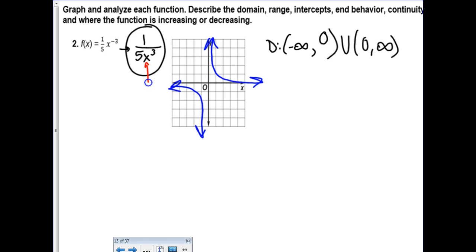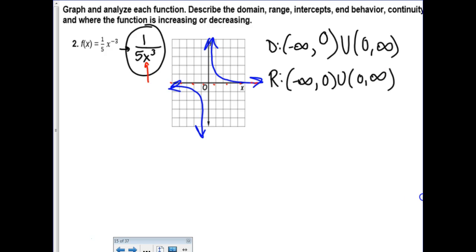How about the range? It's not going to continually go from low to high, right? There's a break right here, a horizontal asymptote. So the range is actually the same as the domain, but this time it's measuring y values. So the range goes forever low, and then at 0, it hops over an asymptote and then continues on.